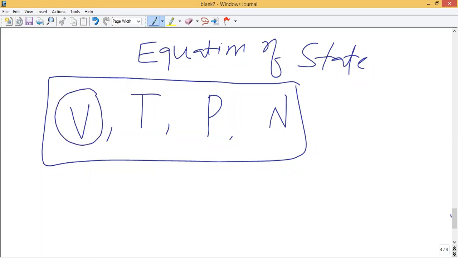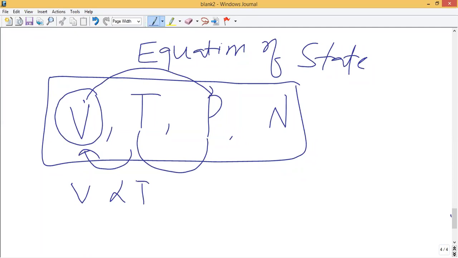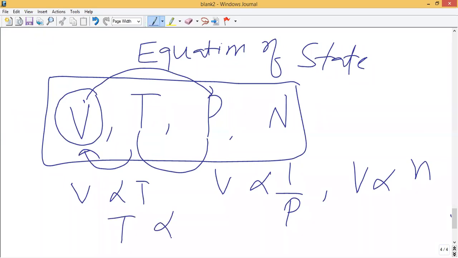You can show the relationship between volume and pressure, temperature and pressure, temperature and volume. You know that volume and temperature are directly proportional to each other, volume and pressure are inversely proportional to each other, volume and the number of moles are directly proportional to each other, temperature and pressure are directly proportional to each other.